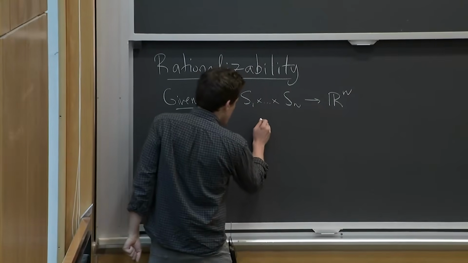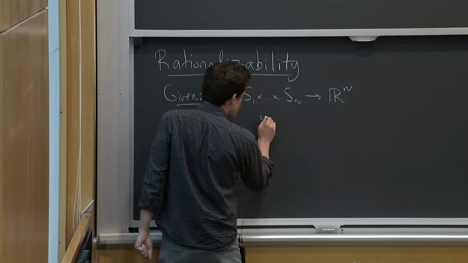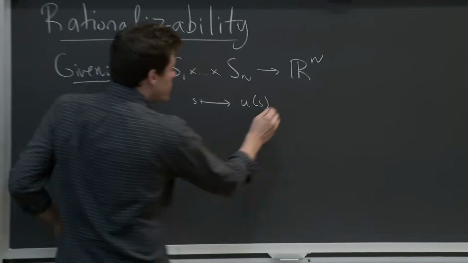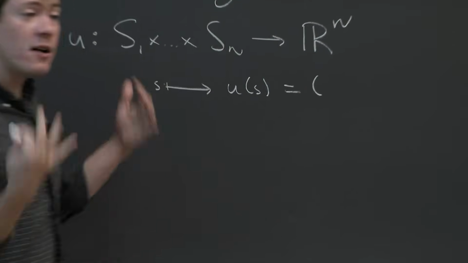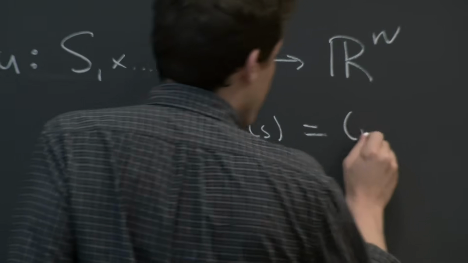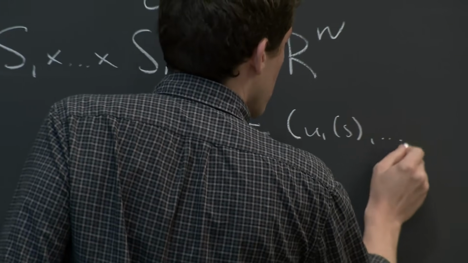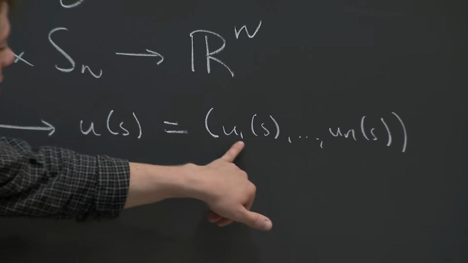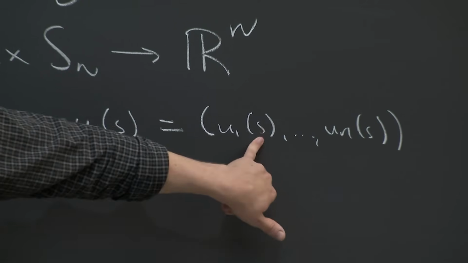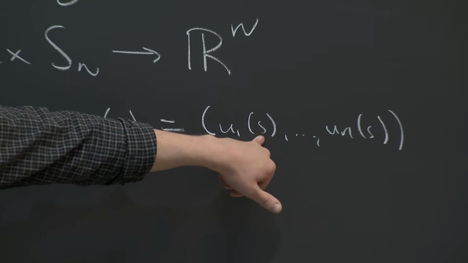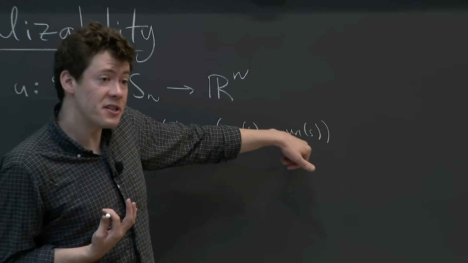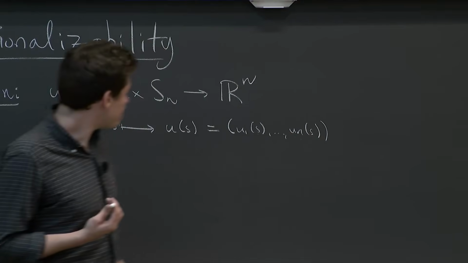So a strategy profile S gets mapped to a vector U of S, which is just all the payoffs the players get put together in a vector: U1 of S all the way up to Un of S. This tells us player 1's payoff if the profile of strategies that's played is S, all the way up to player n's payoff if the profile of strategies that's played is S.